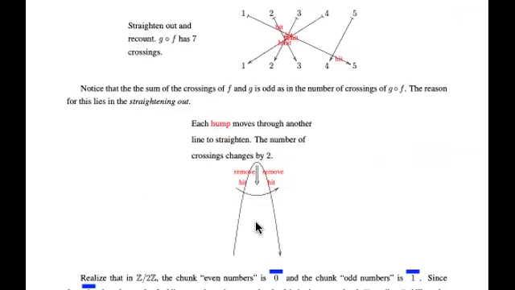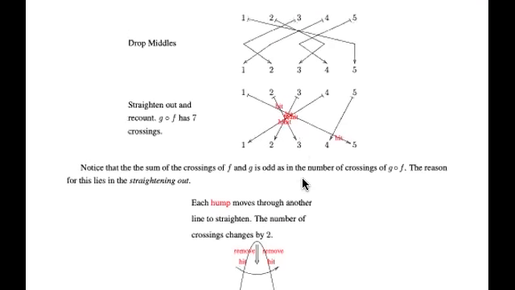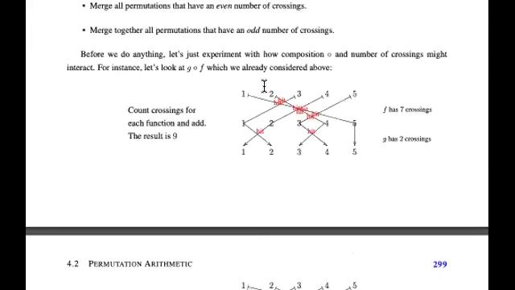This is the only thing that really happens to remove crossings as we straighten out. But every time we move it through like this, we've changed the number of crossings by 2, because it's just a hump moving through. So really, what we should do is count all the crossings right here, 7 plus 2.